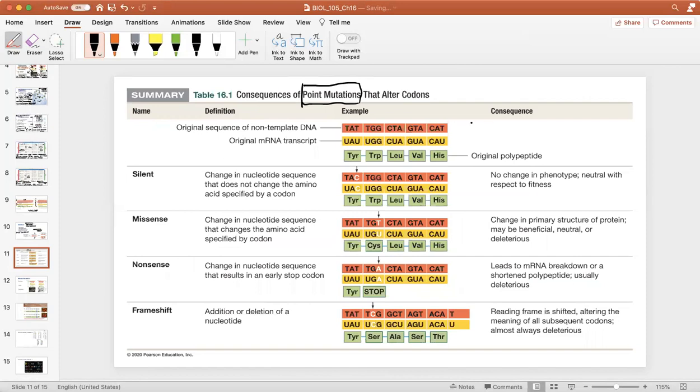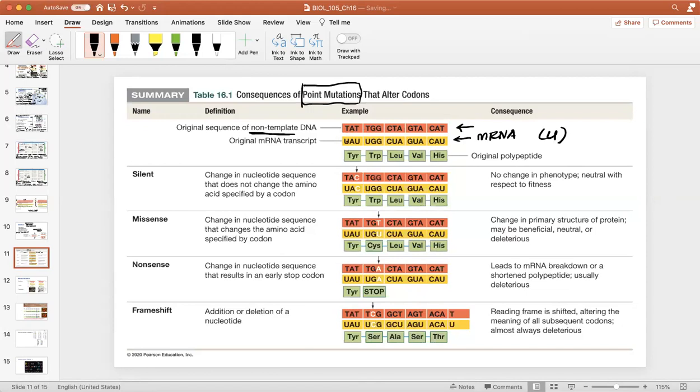So you can see that this is the original sequence of the non-template DNA, okay? The non-template DNA. Notice, I know it's non-template because it looks just the exact same as this mRNA molecule, of course, with the exception of U's being present instead of T's.